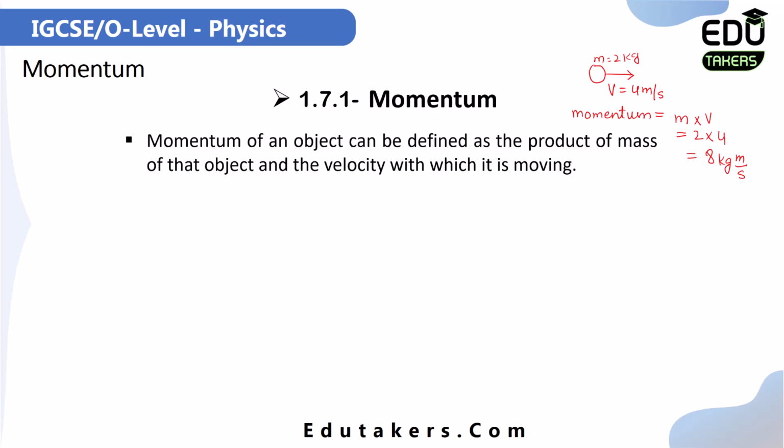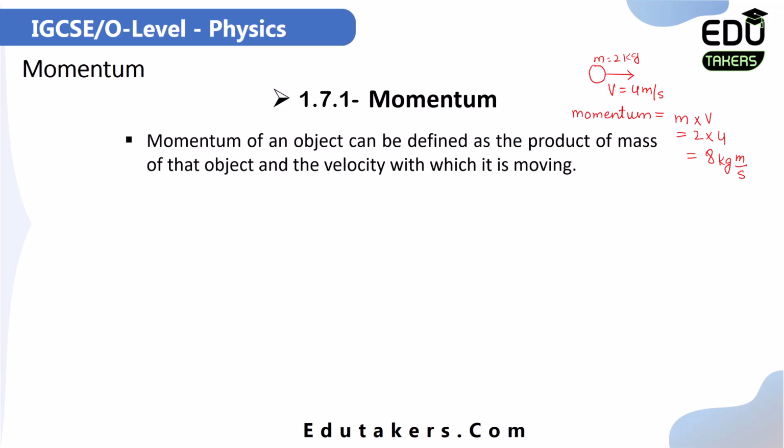So I can simply define the momentum as the product of mass and velocity of the body. If the body is at rest, if the body is not moving, then what would be the momentum of that body? Of course, as the velocity is 0 meter per second, the momentum would be 0 because the body is not moving, it's at rest.